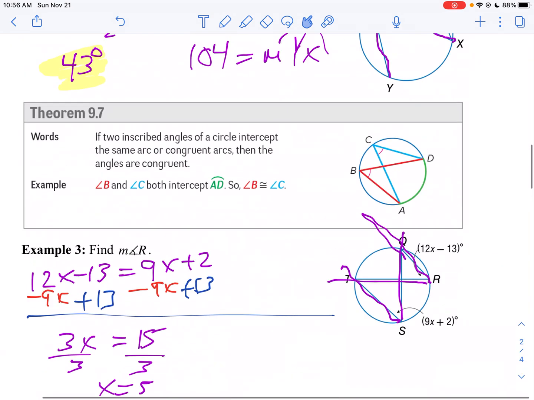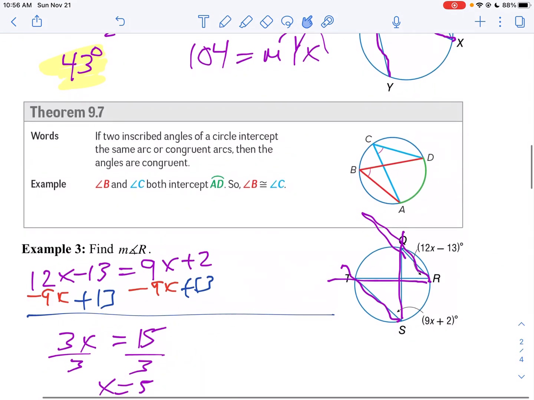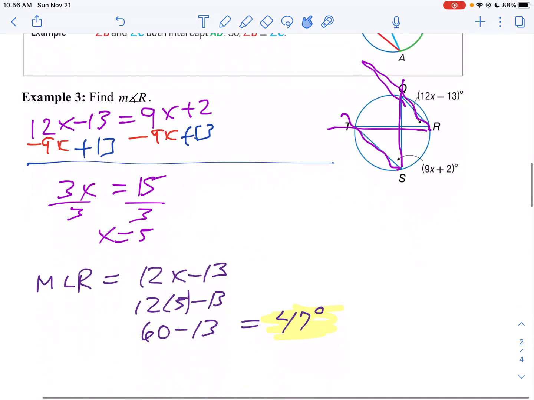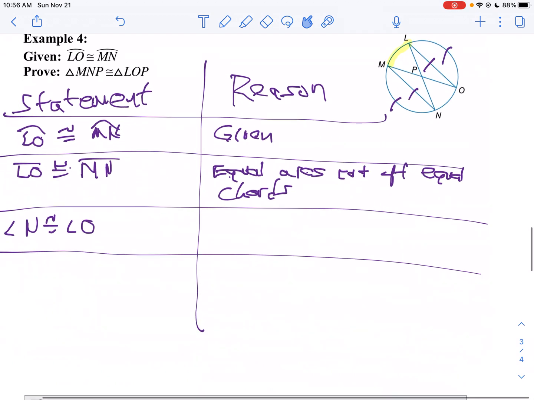Did we say that on a previous one? If two inscribed angles of a circle intercept the same arc, the angles are congruent. Well, I'm not going to write all that out.